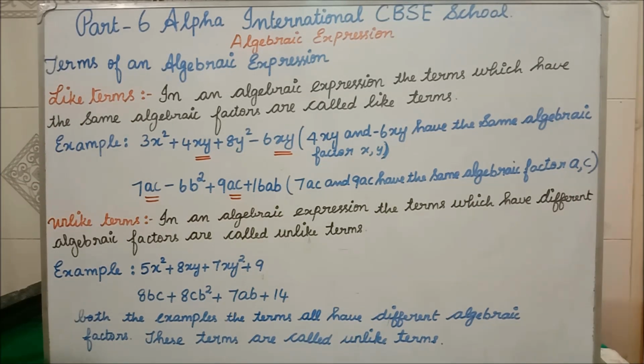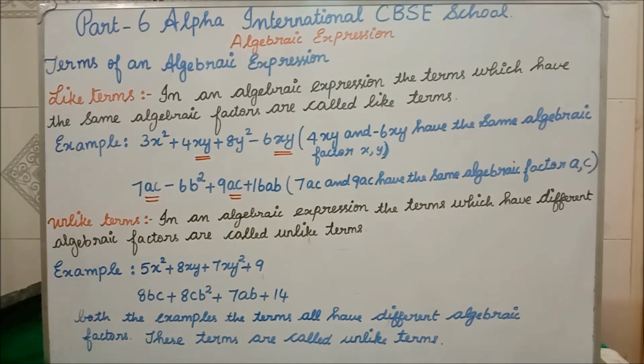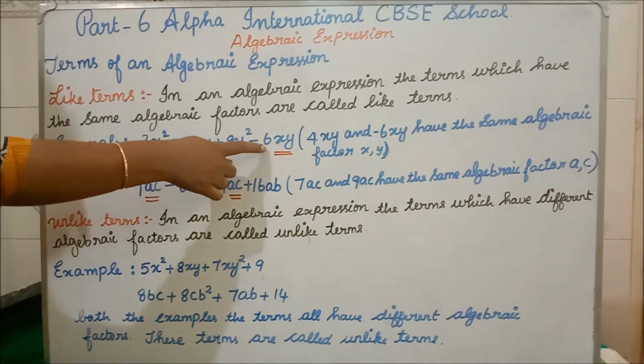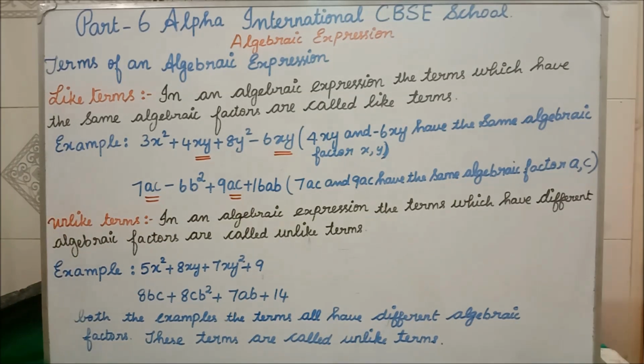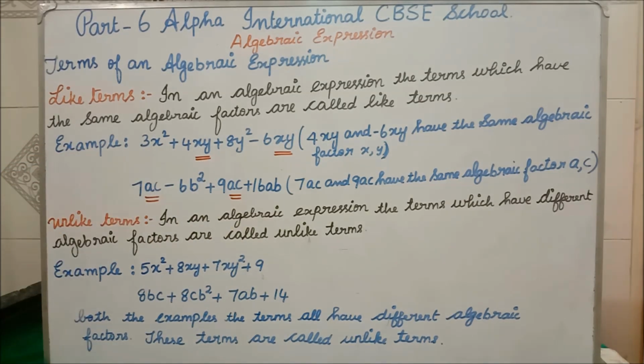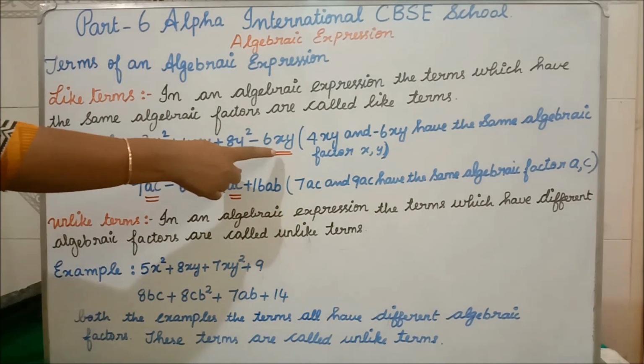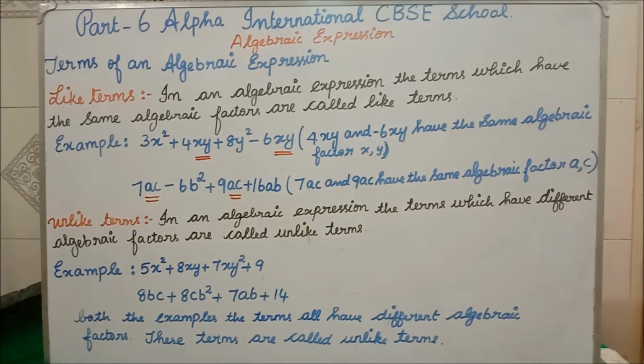You no need to see the constant or coefficient, or the numerical numbers, for like and unlike terms. Here, 4xy, what is the variable we are having? xy. Is there any other xy term? Yes, we are having minus 6xy.